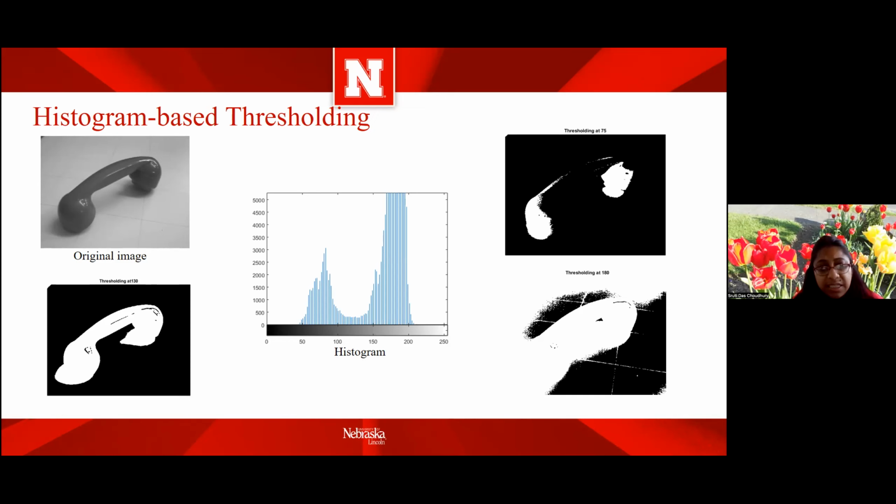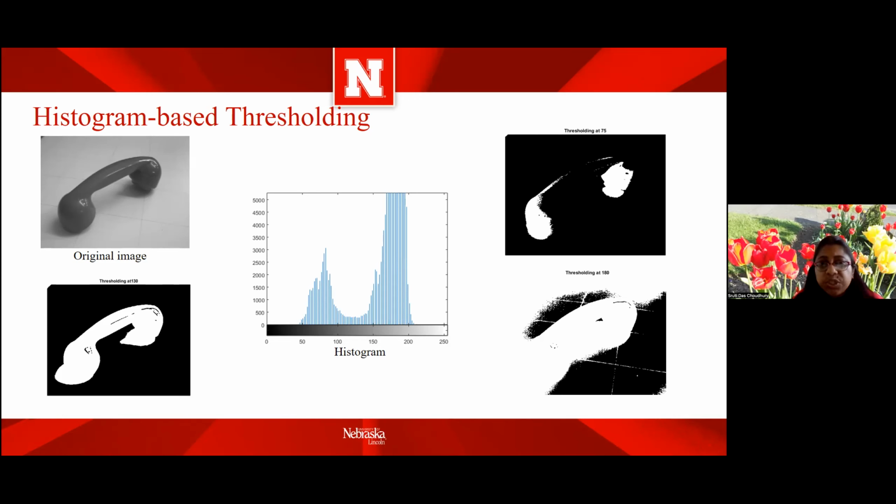But if we set the threshold at 130, it falls roughly in the middle of the two peaks, and you can see the bottom left is a very good segmentation. 130 is the value that lies between the two peaks, and hence the segmentation result is quite nice.